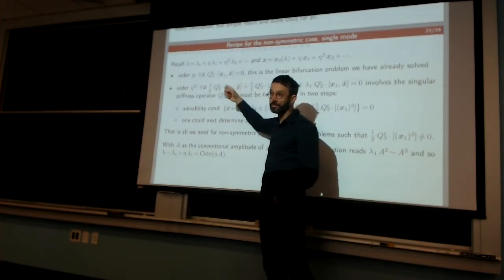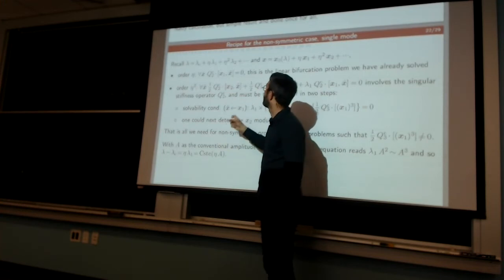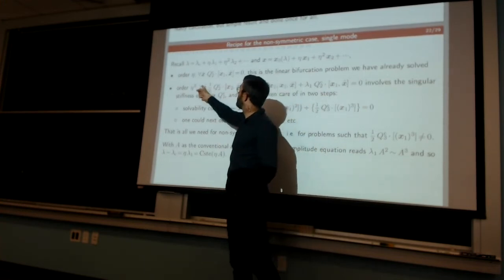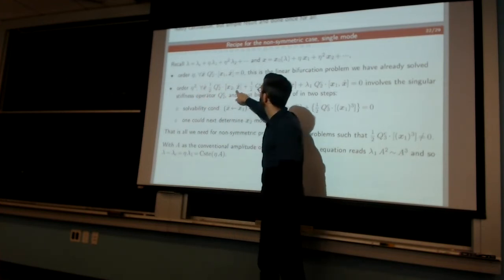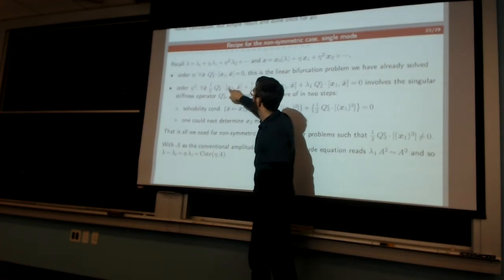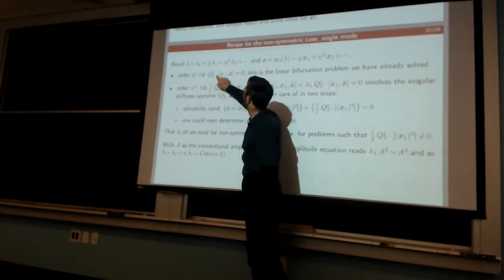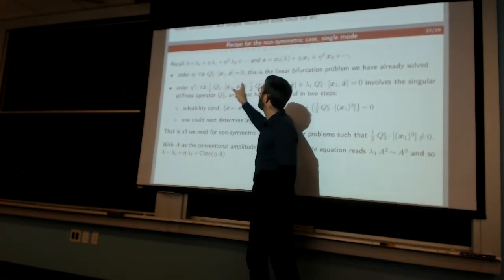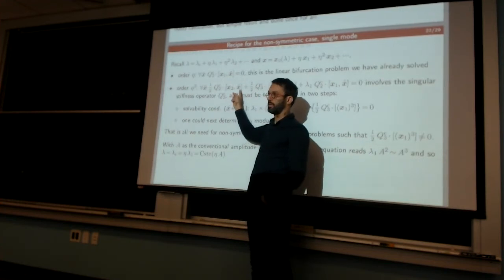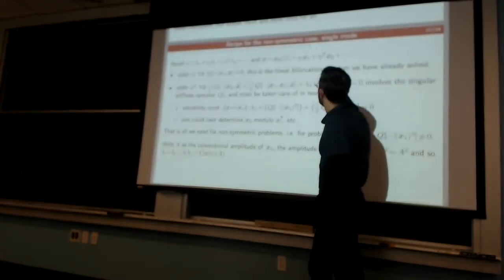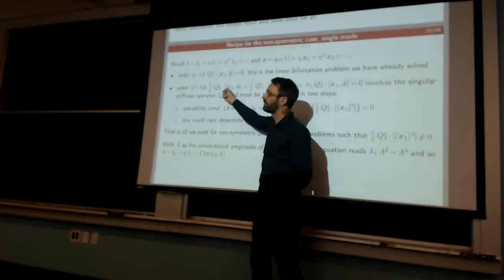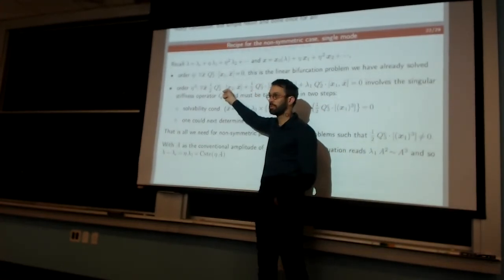What happens then? This equation has to be satisfied for any x hat, right? So the point of doing that is that if you put x1 here, because x1 is in the kernel of Q2 and this matrix Q2 is symmetric, then that term cancels. And you have a condition for this problem to be solvable for x2.